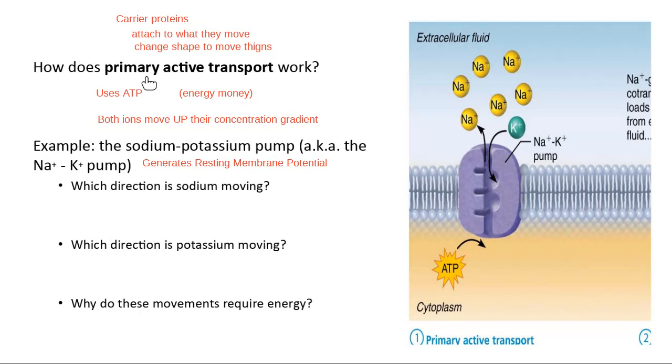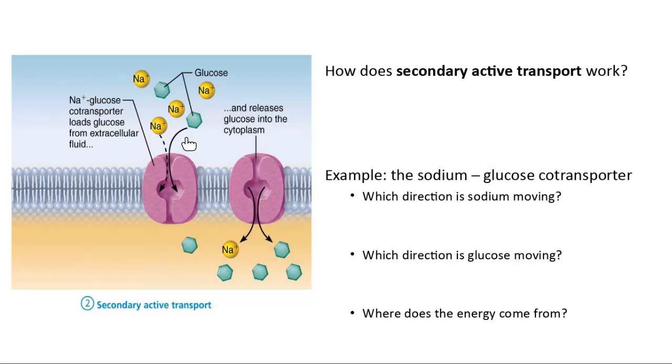But see, compare primary active transport, where two things go up their concentration gradient, to secondary active transport. In secondary active transport, one molecule goes up the gradient. That's why it's active transport. But one molecule goes down the gradient.